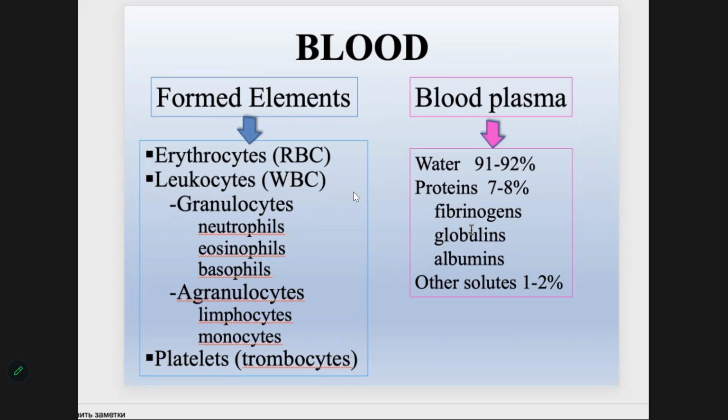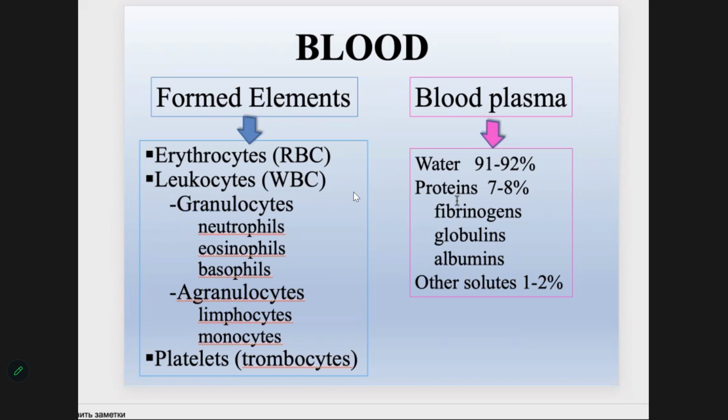Gamma globulins are the antibodies, or in other names immunoglobulins, and take part in the immunological defense of our organism against different alien substances named antigens. Alpha and beta globulins take part in the transport of different chemical substances such as lipids, hormones, vitamins, and microelements.